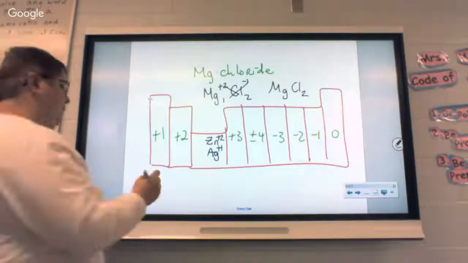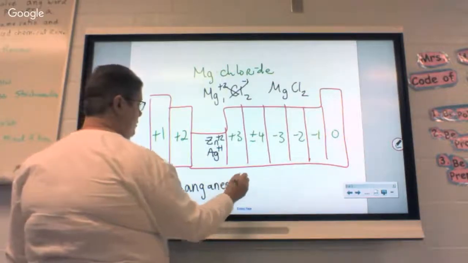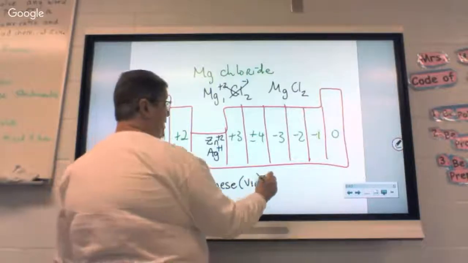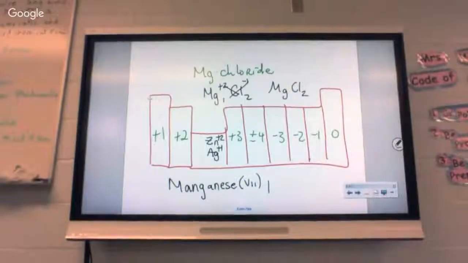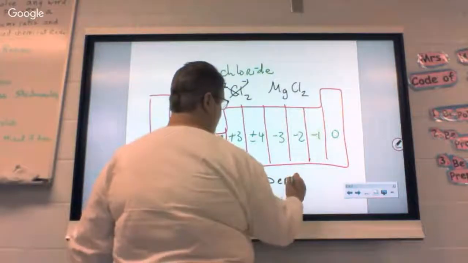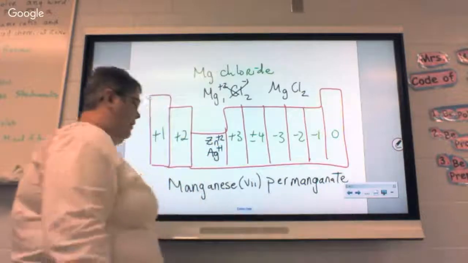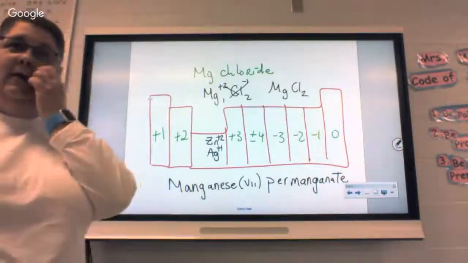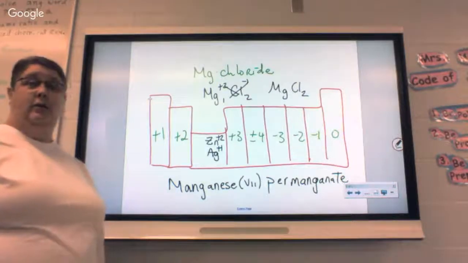I have to give you the Roman numerals, so I'd have to say like manganese 7, and I gotta make sure I limit myself to what's on your blue table. You would be expected to write that based on what's on your blue sheet.